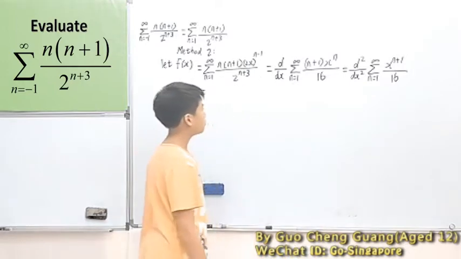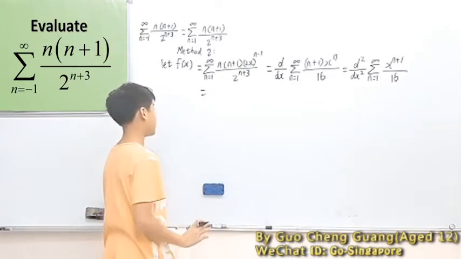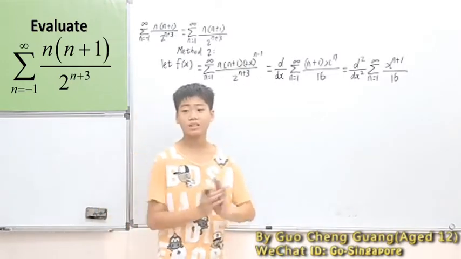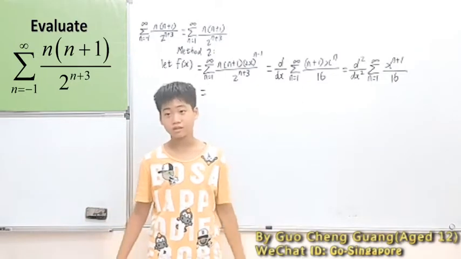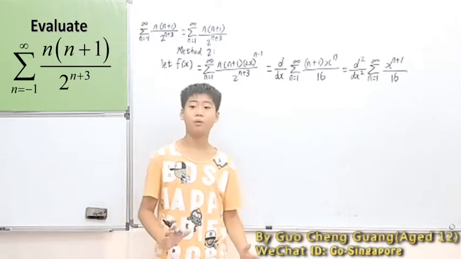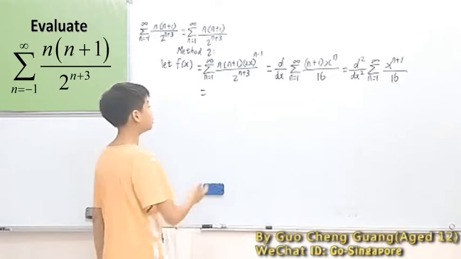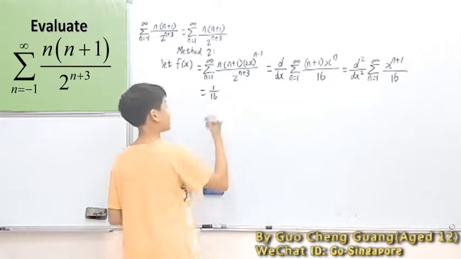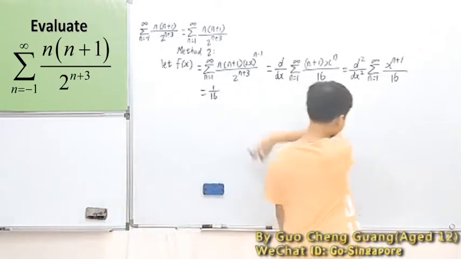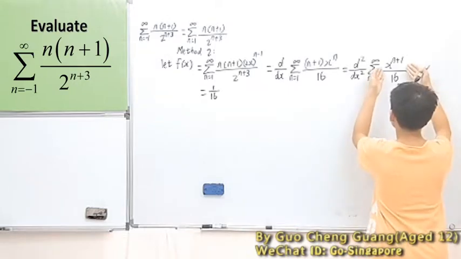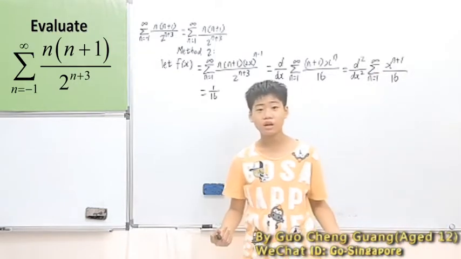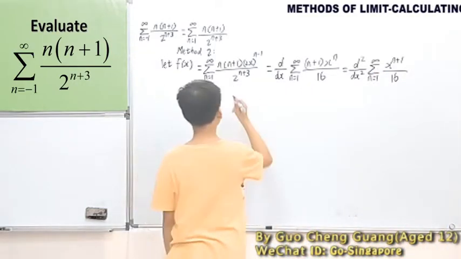And, well, that makes things complicated. And we don't like these very complicated things. We want to make it simple. Simple as possible. So we take this 1 over 16 outside. Then left inside is just this thing? Are you serious?